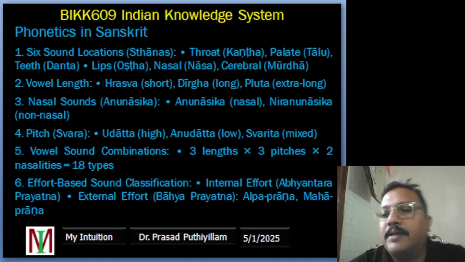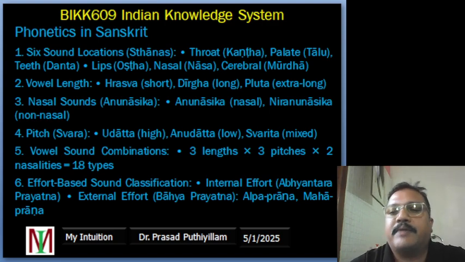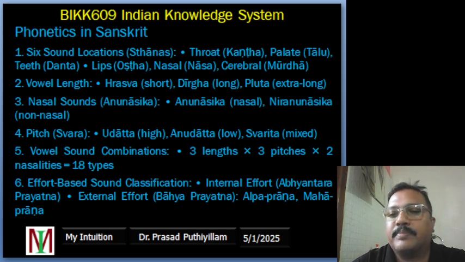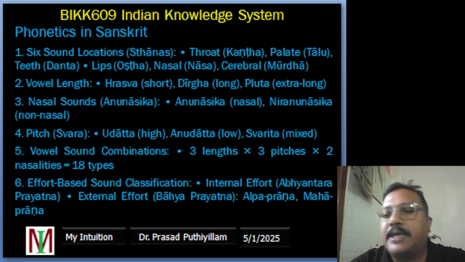In Vedic chanting, pitch plays a very key role. Each syllable carries a specific pitch. High pitch is udatta, low pitch is anudatta, and the sliding pitch, rising then falling, is swarita. These tones are much like musical notes, which help in maintaining uniform chanting across the regions and time periods.